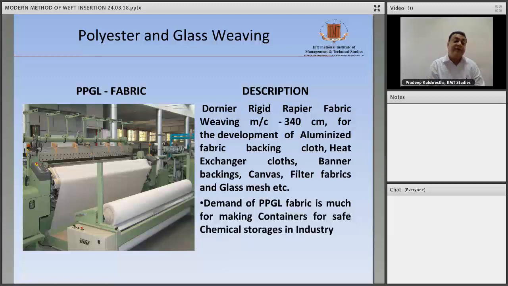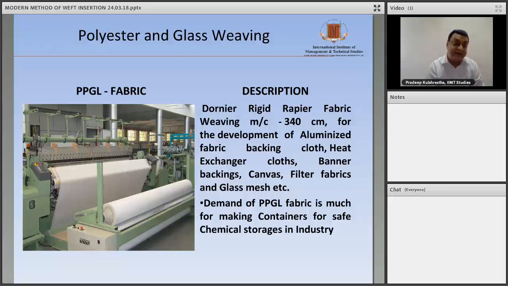Now we are making glass fabric also. We can use glass fiber, or we can use glass roving of different denier or tex. Suppose on this loom, we are making PPGL fabric. So in the warp there is polypropylene and weft insertion by rapier is glass.